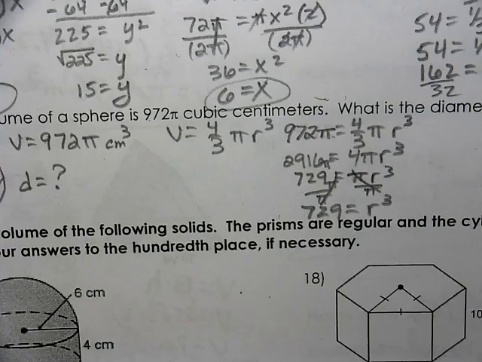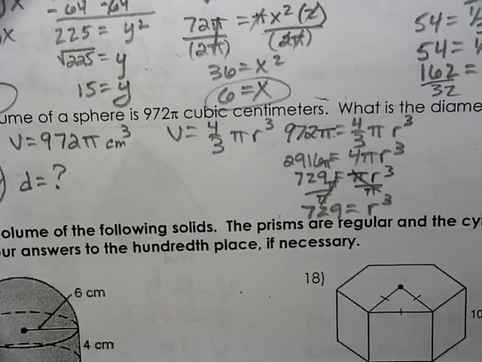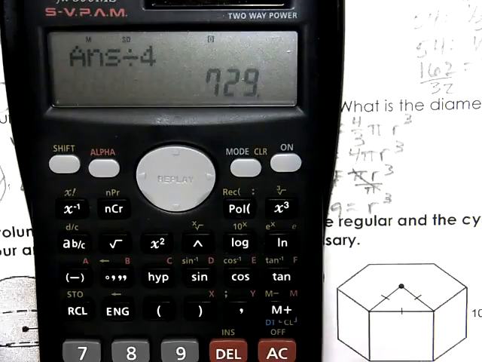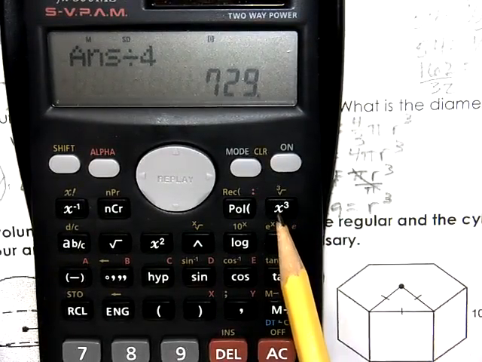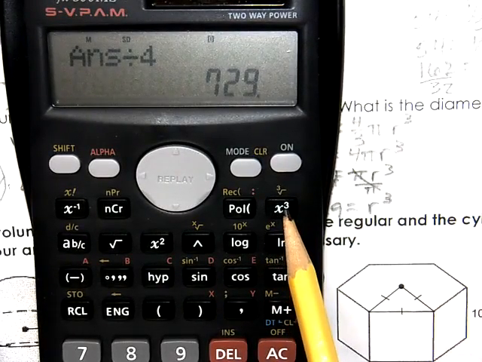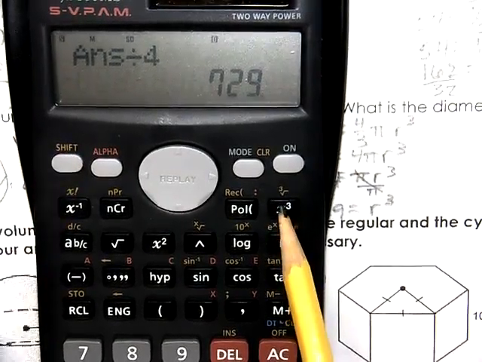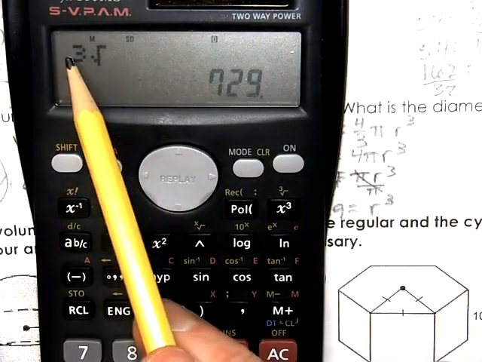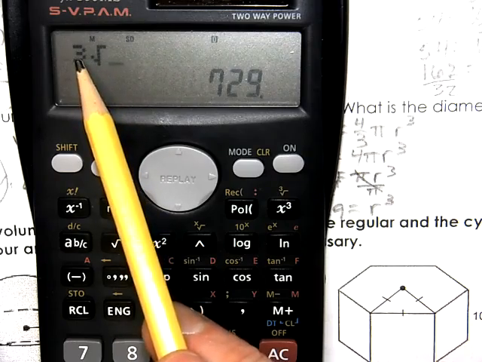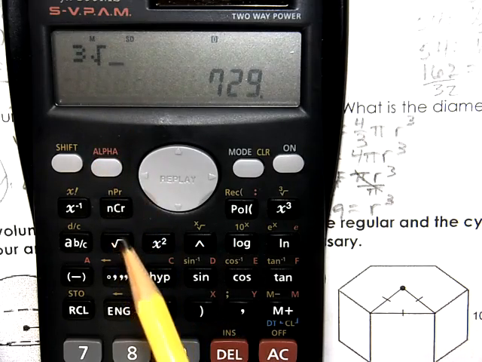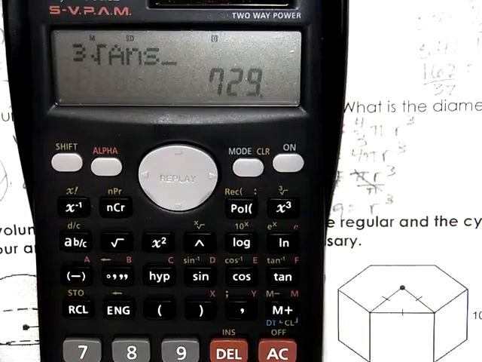So now you need to be able to take the cubed root. And this particular calculator, the cubed root is found underneath x cubed. The cubed root looks like a square root with a little number 3 above it. So I'm going to hit the cubed root. Notice how it has a 3 up in the upper left-hand corner. And I'm going to do that of my answer.